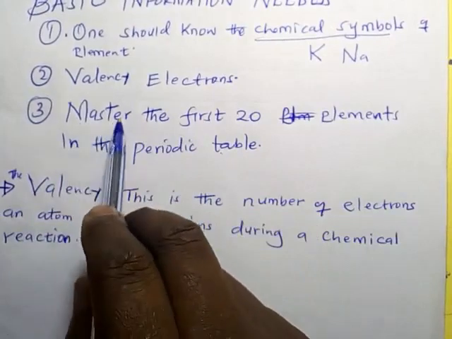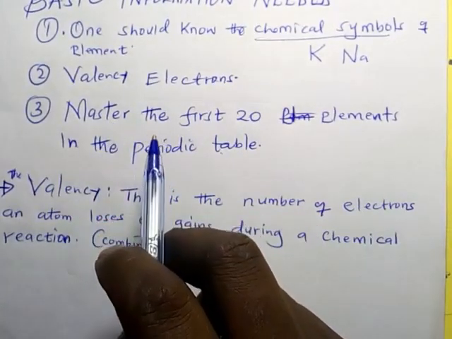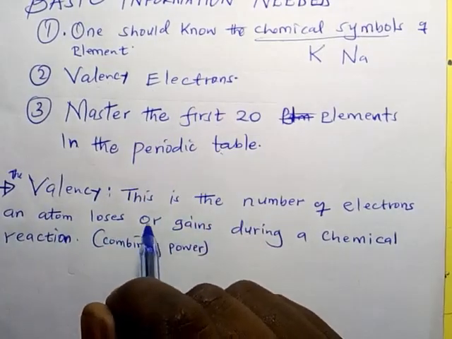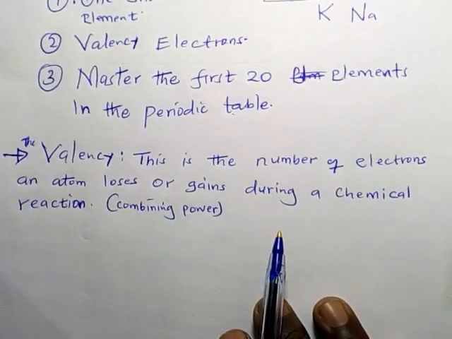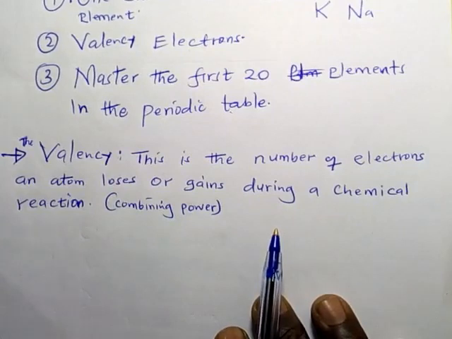You need to master them. You should know that the first one is hydrogen, then helium, downwards to calcium, number 20. Valence electrons are very, very critical in writing chemical formulas.